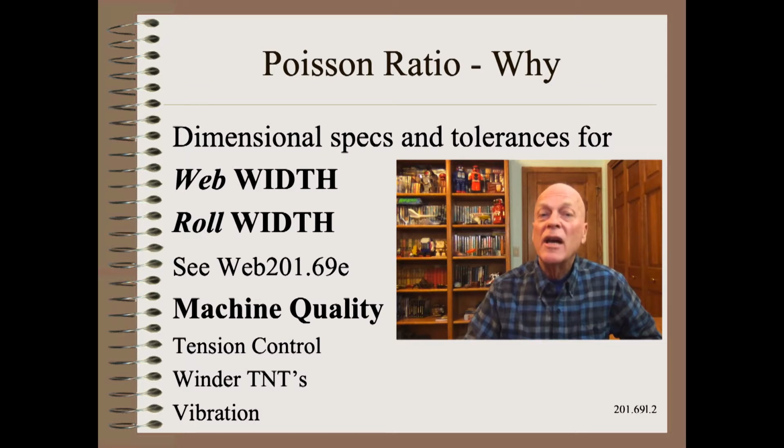Poisson ratio informs us about width and width tolerances. This is true of both the web and the wound roll. Width tolerances, in turn, inform us how good our machine needs to be in terms of tight tension control, tight winder TNT control, and some mechanical concerns such as vibration.